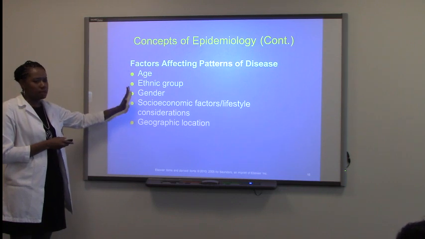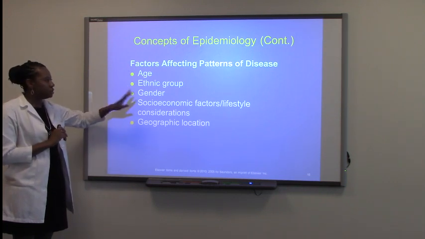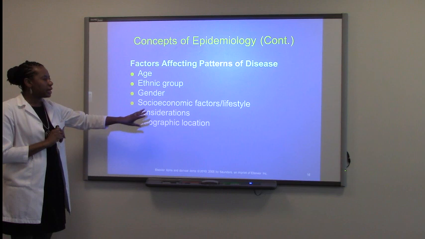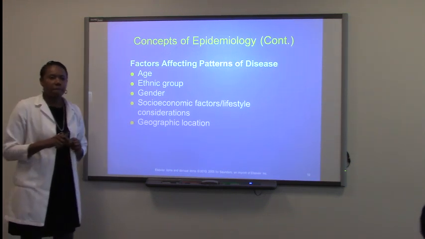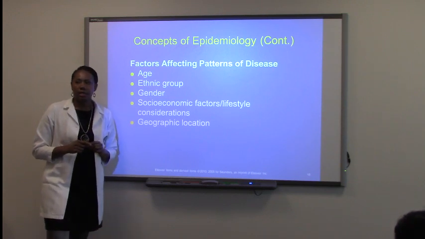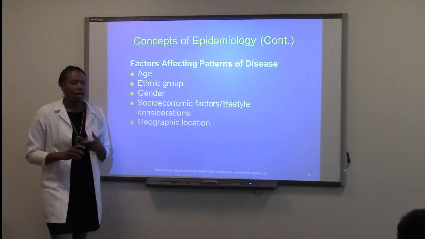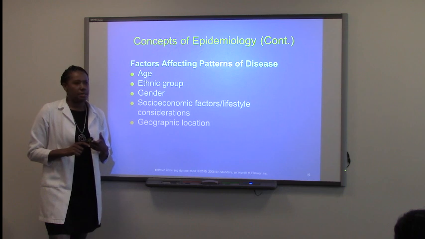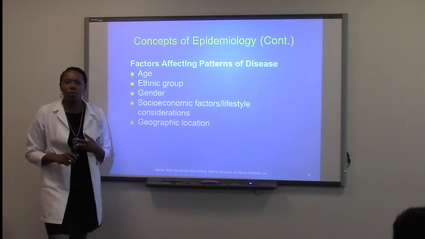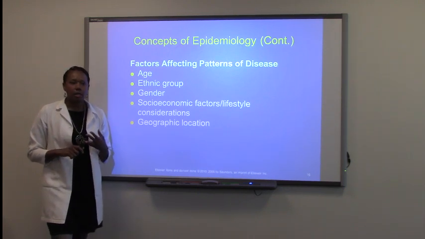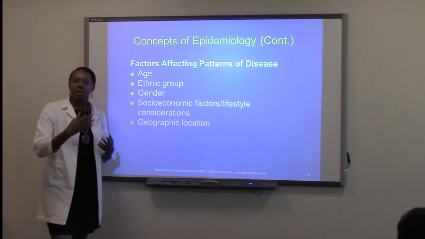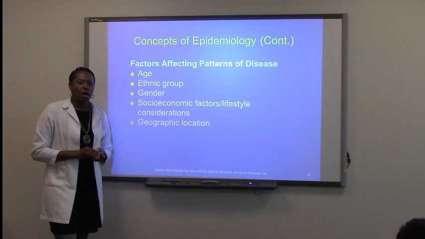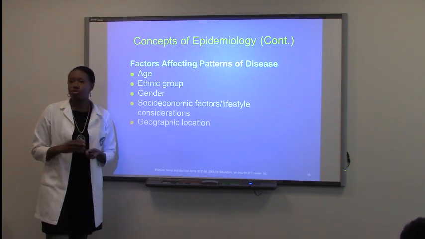Age, ethnic group, I gave examples of that, gender, we talked about. Socioeconomic factors and lifestyle, that is another thing that's extremely important. So definitely if a patient is drinking maybe 10 glasses of wine a week, or smoking 2 or 3 packs of cigarettes a day, you definitely want to look at people's lifestyle, especially if a patient is doing street drugs.